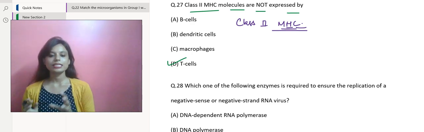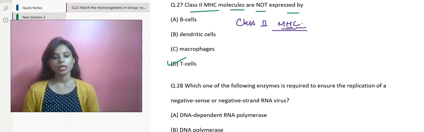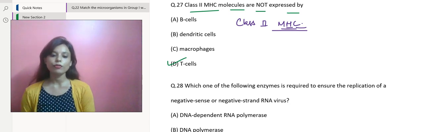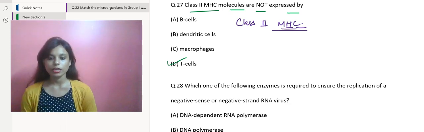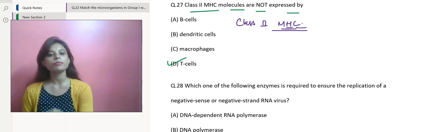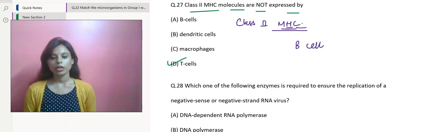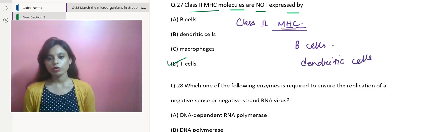These molecules are cell surface proteins that present the peptides which are derived from extracellular pathogens to CD4 plus T helper cells. Okay, and these molecules are expressed on antigen presenting cells, which include B cells also, then dendritic cells also, then macrophages also.